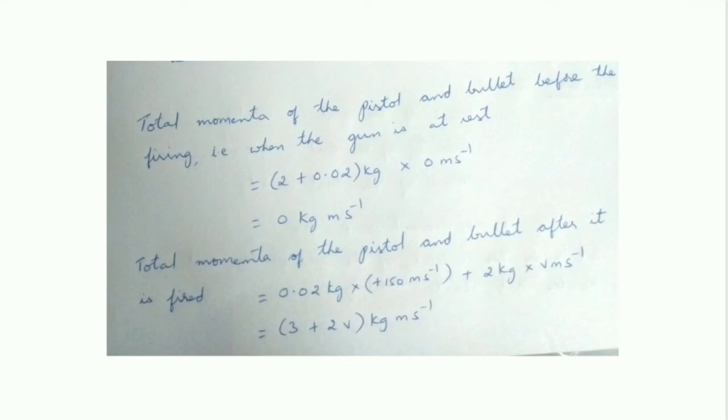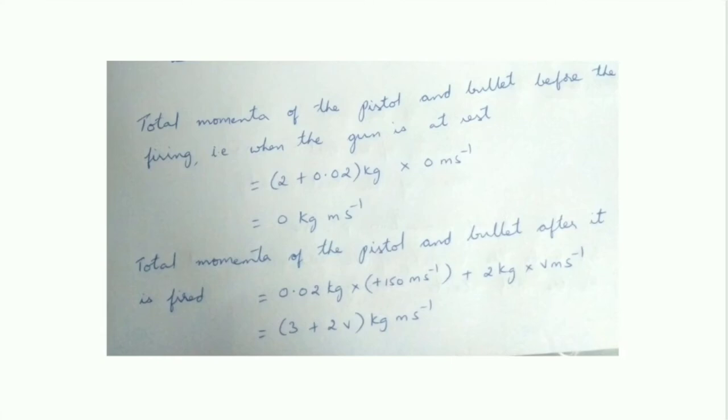This is equal to (2 plus 0.02) kg into 0 meters per second. 2 kg is the mass of the pistol and 0.02 kg is the mass of the bullet. 0 represents the initial velocities u1 and u2 of both the bullet and the pistol before firing. That is equal to 0 kg meters per second.